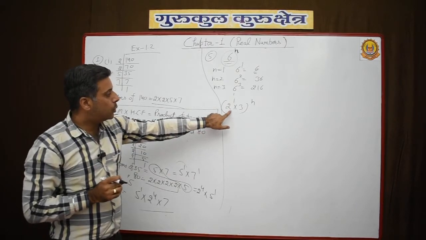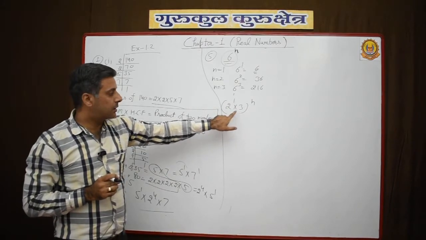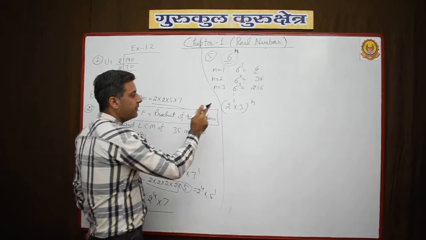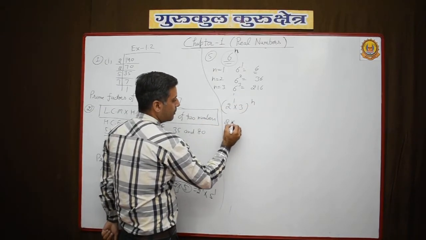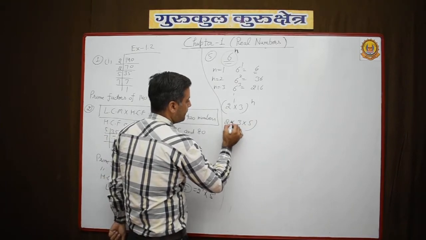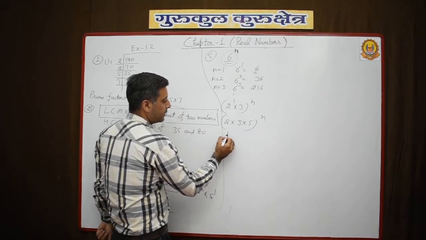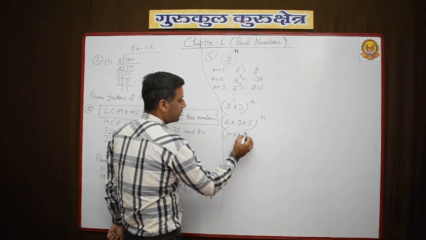But here only 2 and 3 are there. If I suppose I get another number 5 here, then 10 into 3 whole raised to the power n.